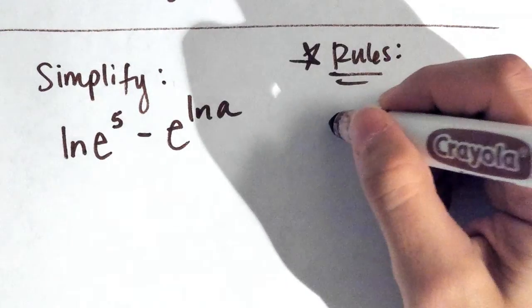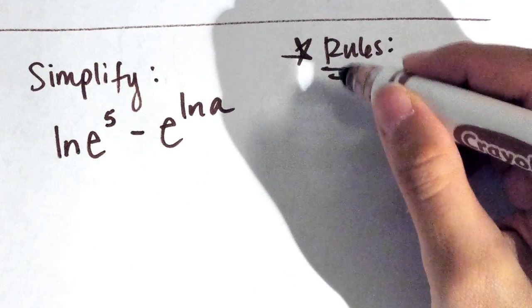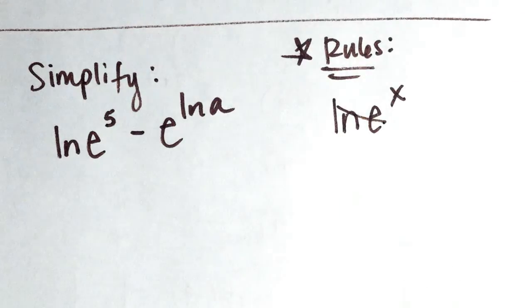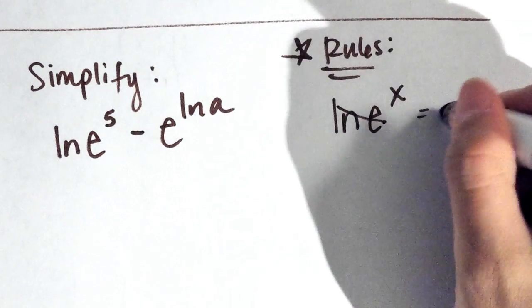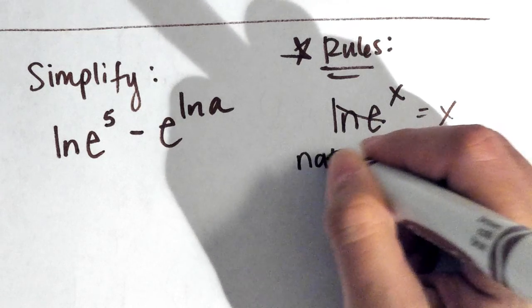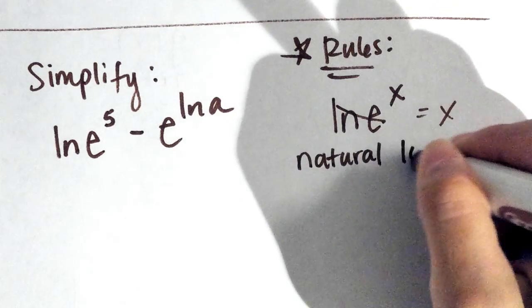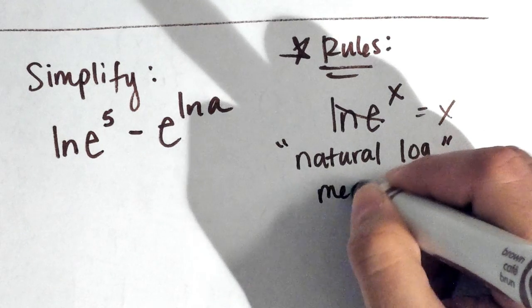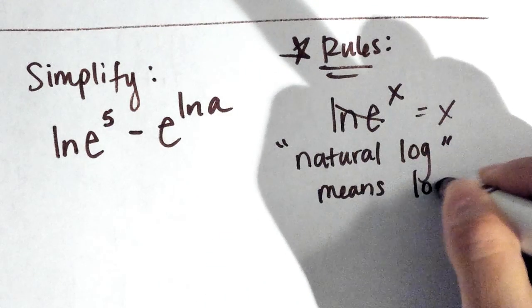If you have ln e to the x, this cancels. And then you just get x. Why? Because ln stands for natural log. And natural log means log base e.